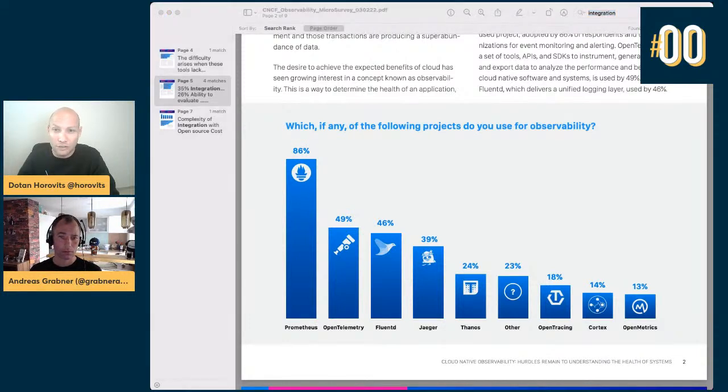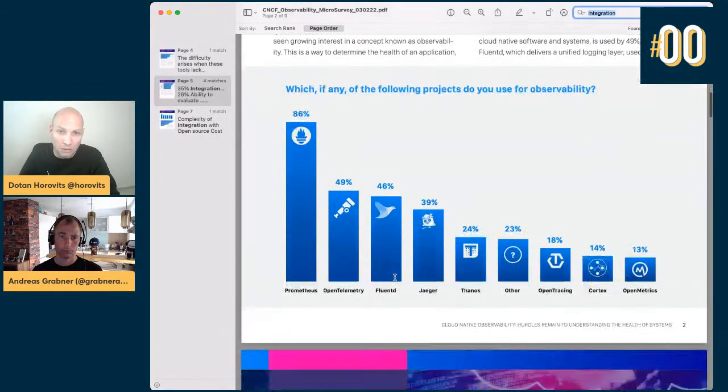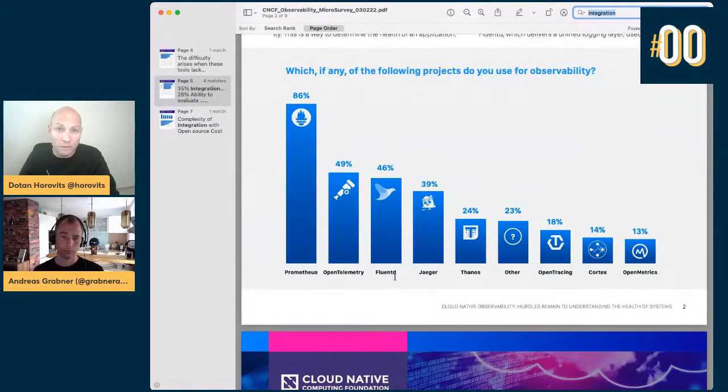We can also see Thanos, which we've discussed, and OpenTracing, which merged into OpenTelemetry, and Cortex. So it all comes down to the same common stack that I've been seeing around the ecosystem.